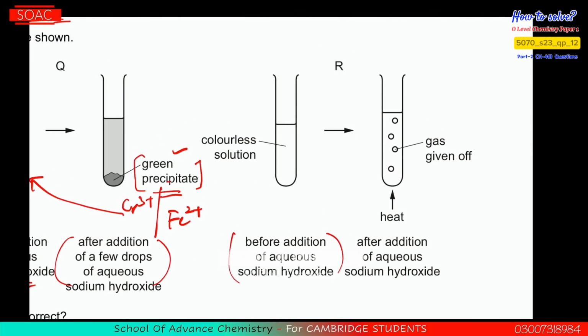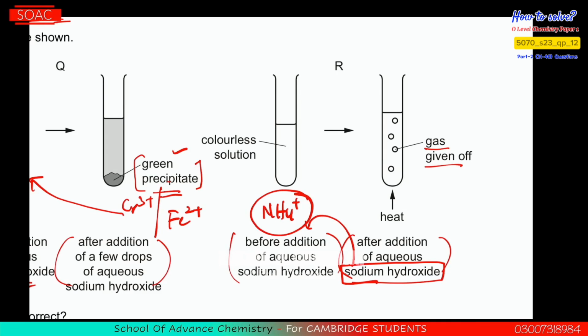After the addition of sodium hydroxide, a gas is given off. Any ammonium ion or ammonium compound, when allowed to react with bases, with alkalis, produces ammonia gas.